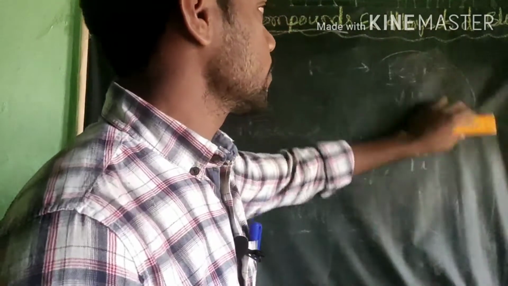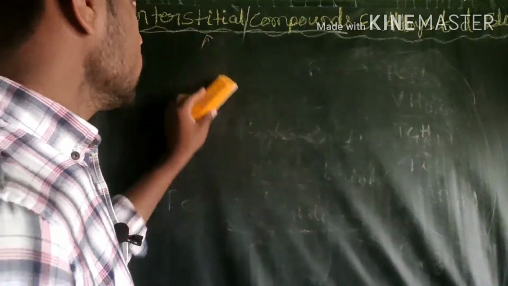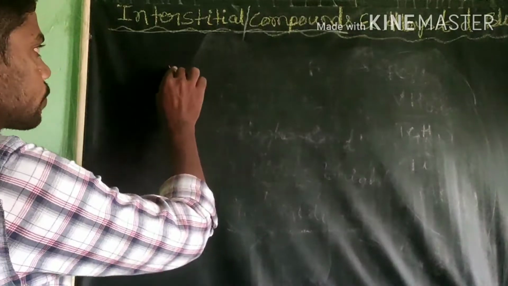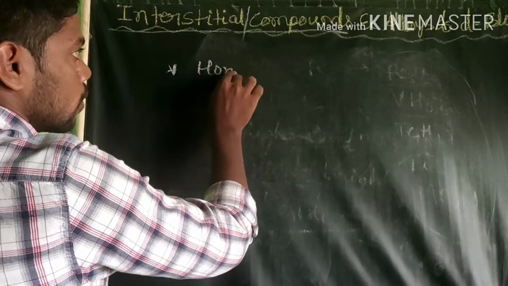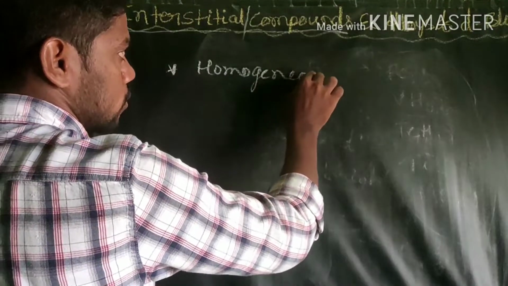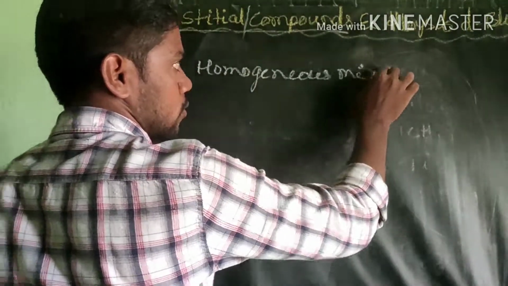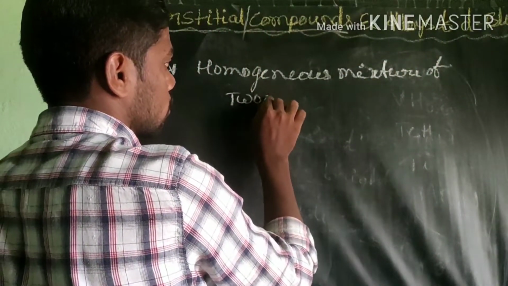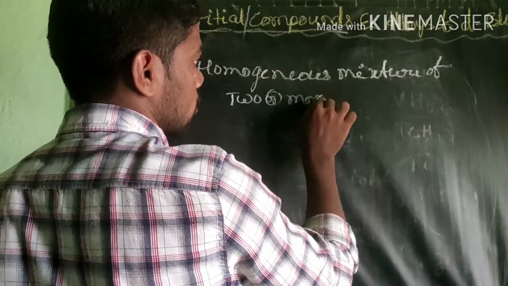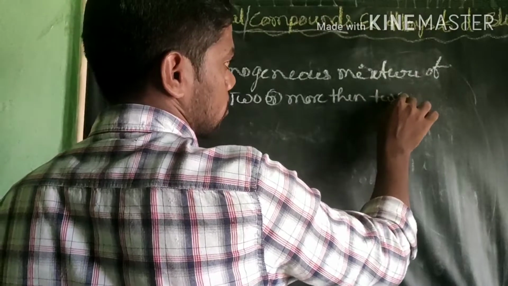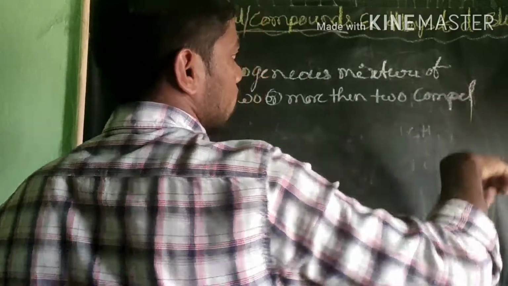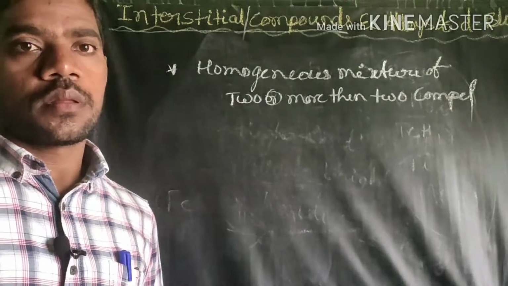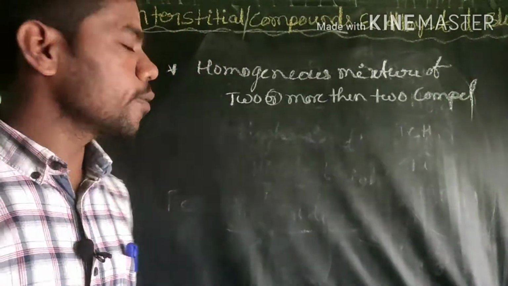Okay, you see here, dear students, alloys means it is a homogeneous mixture of two or more than two compounds of the d block element.